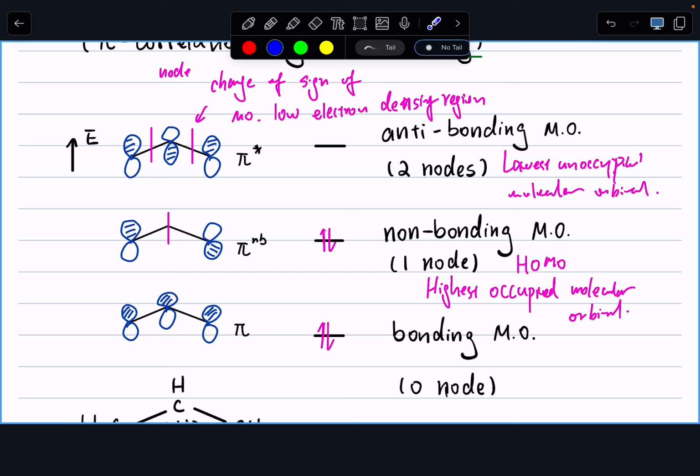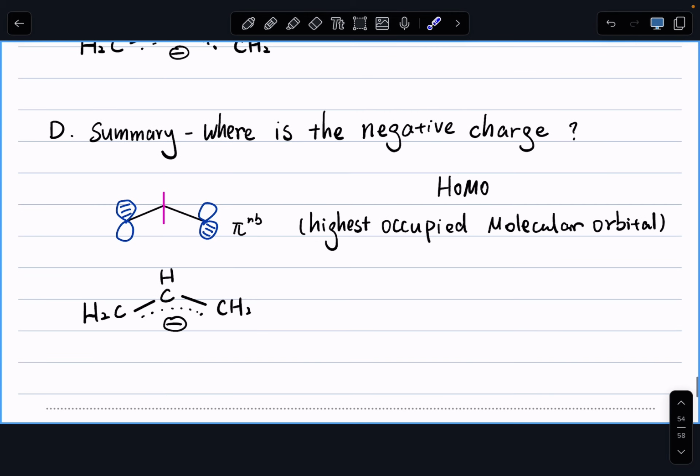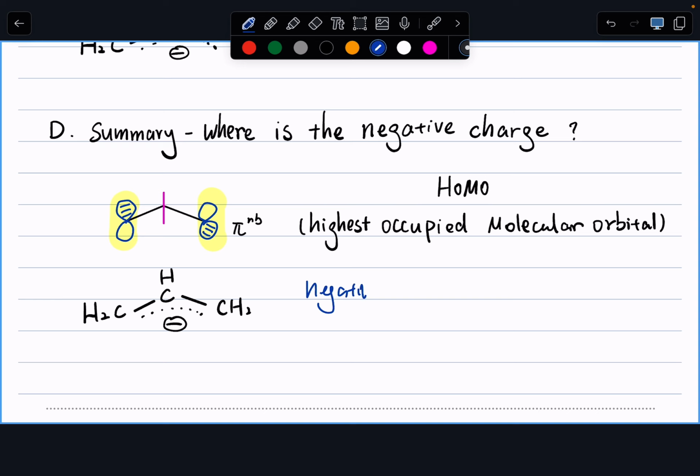That's where my electron density is going to be. In summary, the question is, where is my negative charge? You take the shape of the HOMO from the orbital analysis, and we can say that the negative charge will be delocalized on the terminal carbons.